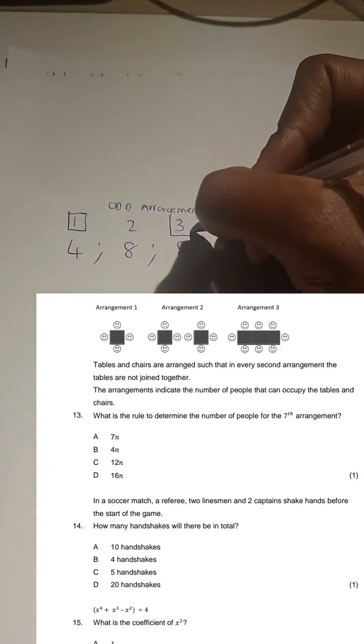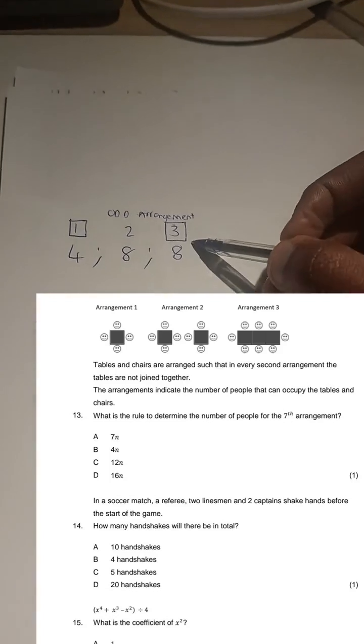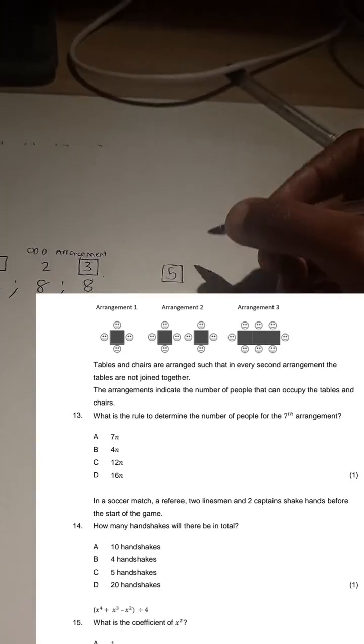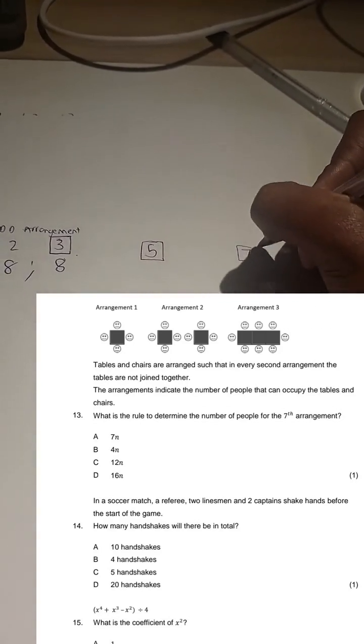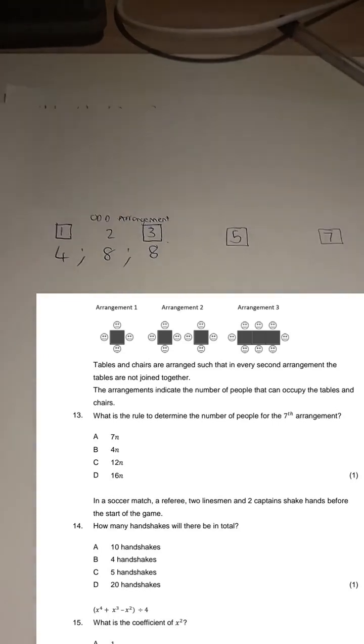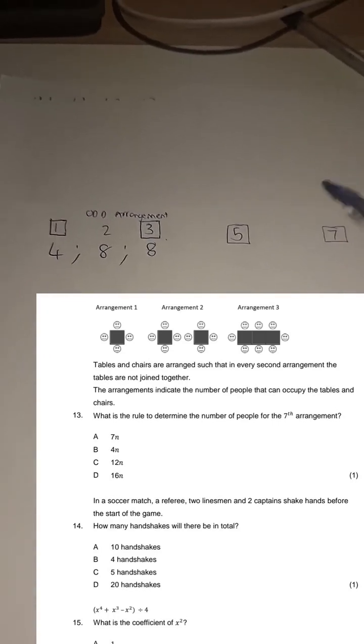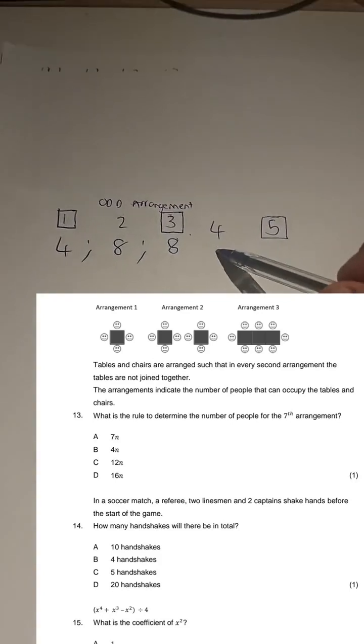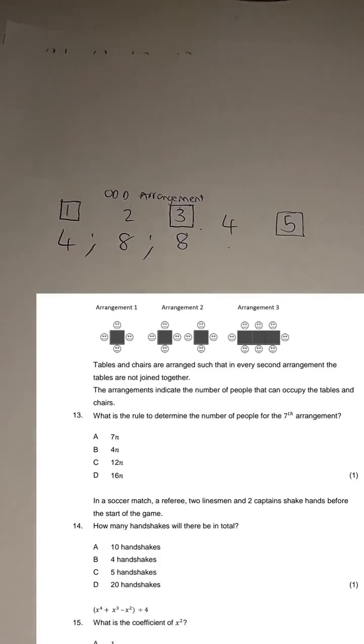In other words, we are looking at 1, 3, the fifth arrangement, the seventh arrangement. This is very important. So I wanted to ask you guys, in the fourth arrangement, how many people will I have seated?